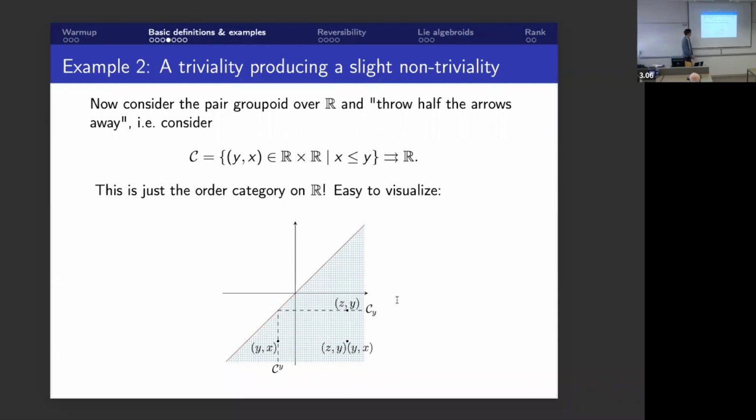This is very simple to visualize now. It's basically just the half space below the diagonal in R2. I'm not sure if you can see what's written here. The points in here are trying to tell you how to multiply stuff. So if I take any pair, yx, let's say it's here, my question would be, what can I multiply it with? From the left, I have yx.